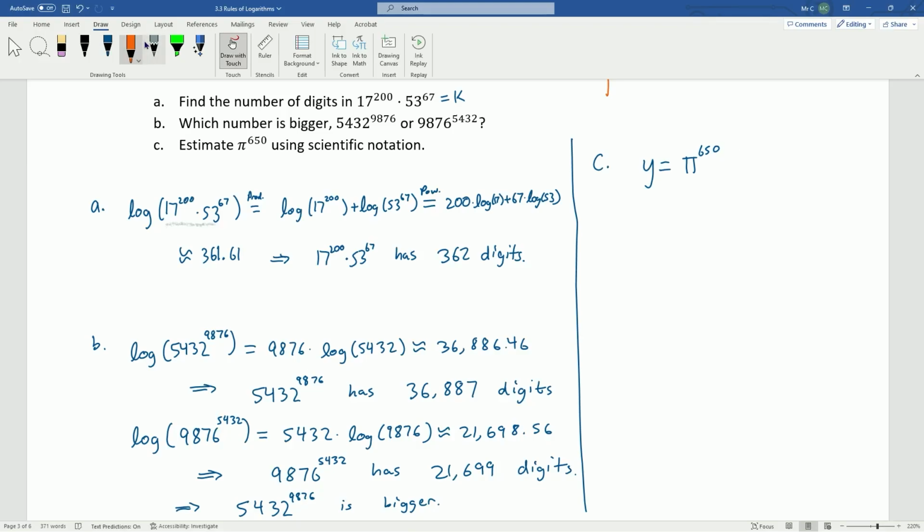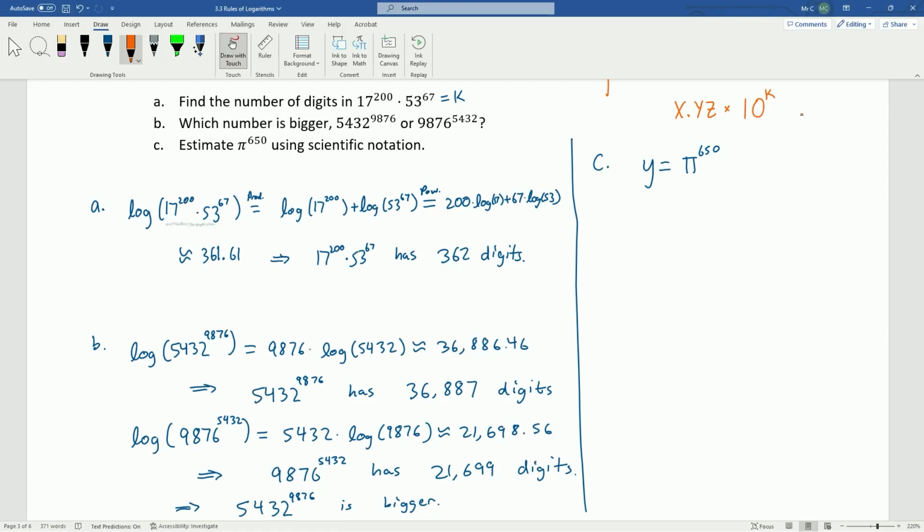Well, scientific notation is like x.yz times 10 to a power. So in other words, when I say I want to write something in scientific notation, I want to write it as a product of a decimal with one digit to the left of the decimal place and 10 to a power.